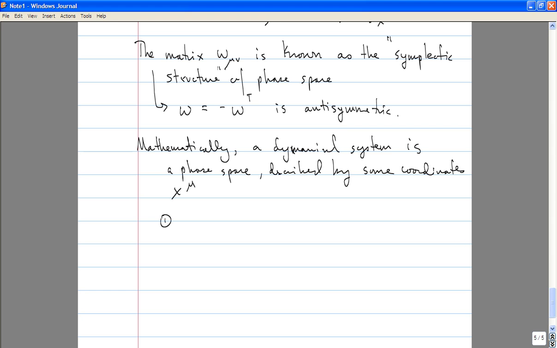A function, which is the Hamiltonian on those coordinates, thought of as a function of phase space, and a symplectic structure, which is to say an antisymmetric 2n by 2n matrix.